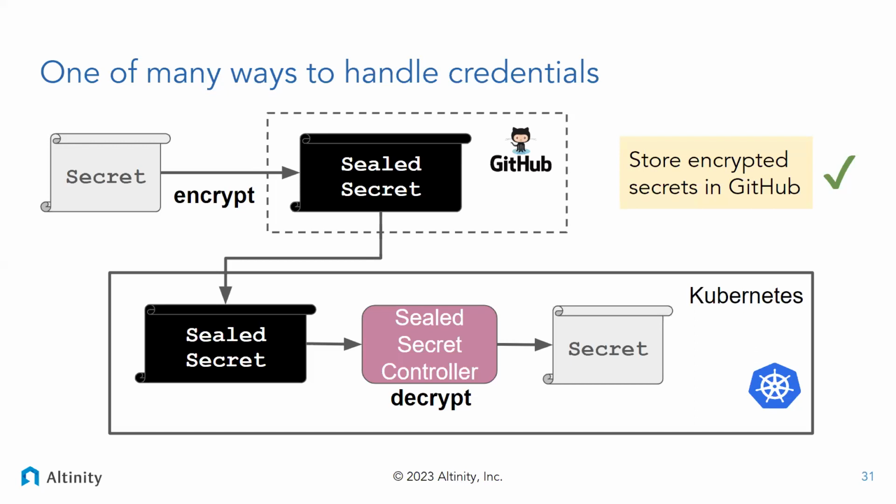And the way that sealed secrets work is when they're put into Kubernetes, you can install something called a sealed secret controller, and it basically looks for these special resources, and then it decodes them inside Kubernetes, so that the secret becomes visible and usable by your applications.